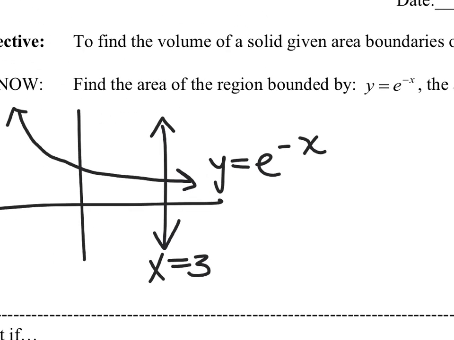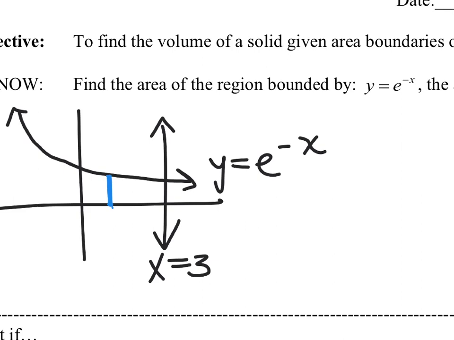Whereas if you do it with respect to x, I can create an arbitrary rectangle over this interval, and no matter where I draw that rectangle, it's always going to span the distance from the x-axis to the curve without interruption. So ask yourself that question when you're deciding.